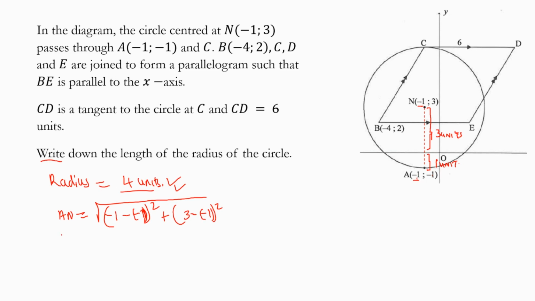Okay, so it means AN is equal to, this will be 0.